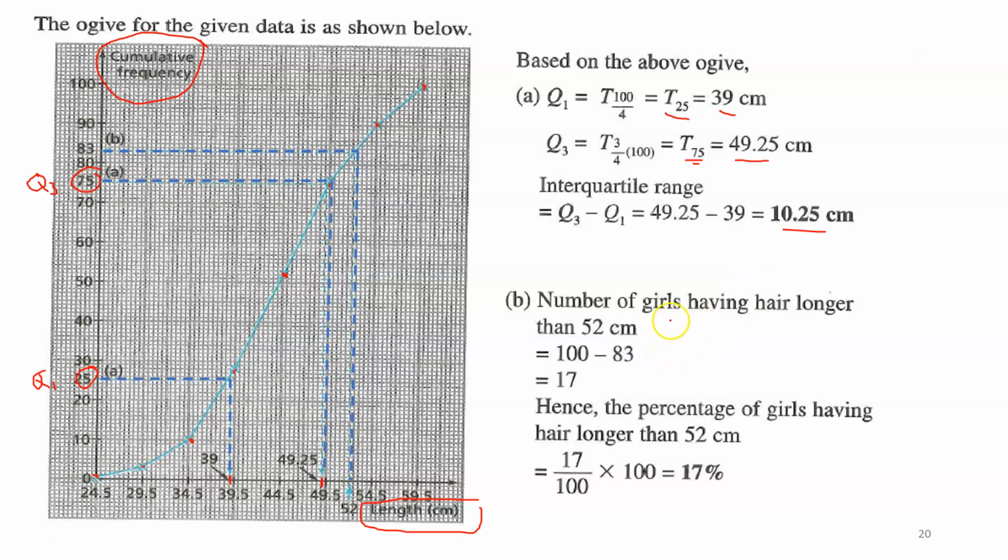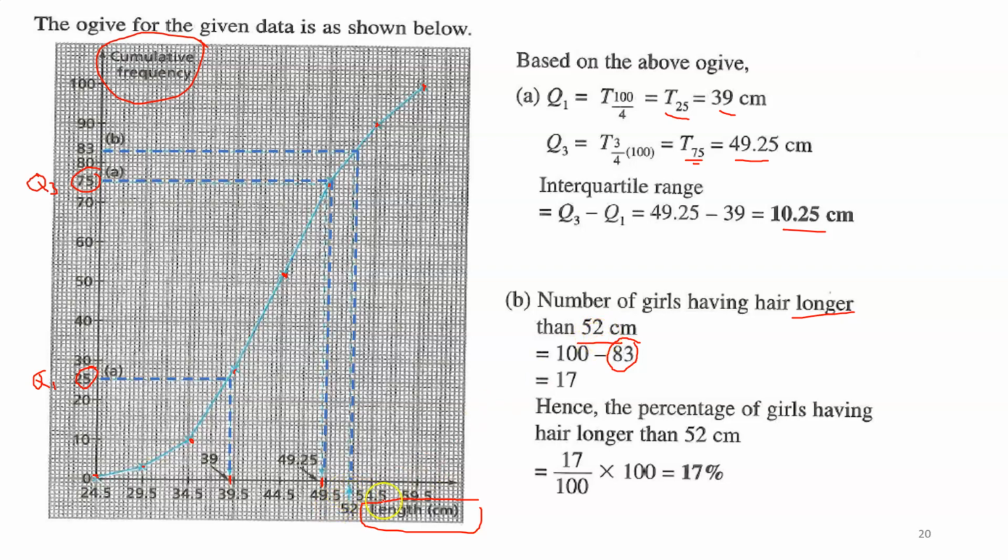Okay, now let's focus on question B. Number of girls having hair longer than 52 centimeters. So you have altogether 100, right? Tengok total cumulative frequency kita 100. So 100 minus, how do I find this 83 over here? How do I know 83? Is because 52 is in centimeter.